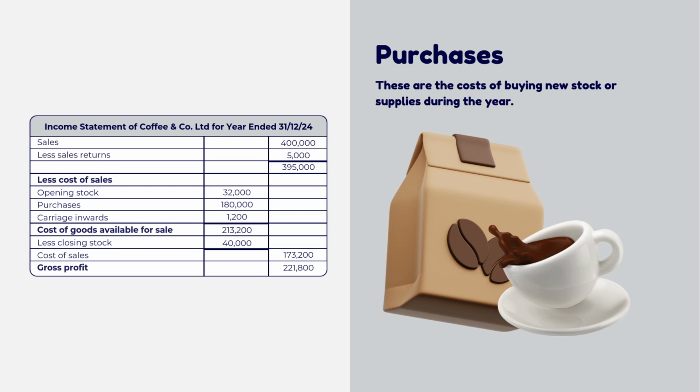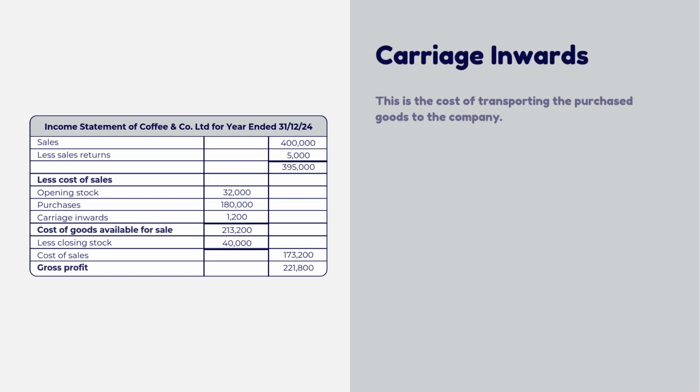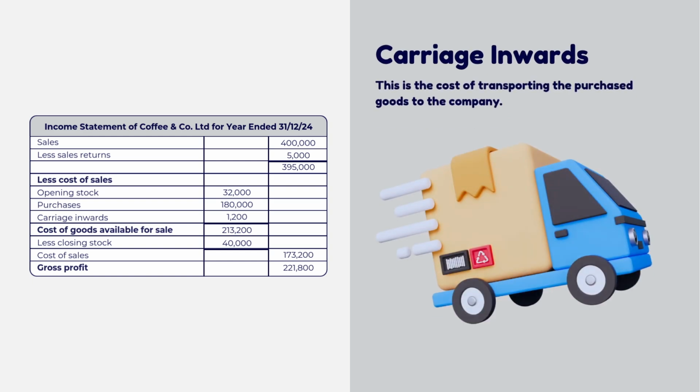In this case, Coffee Co bought 180,000 worth of supplies, which would be items like coffee beans, more plastic cups, food ingredients, and basically anything that they bought that could be used to make a sale. Next is Carriage Inwards, which is the delivery cost of getting stock, and this amounted to €1,200.